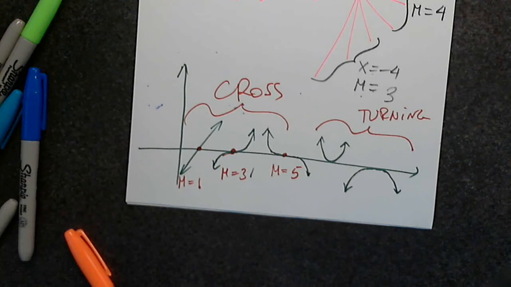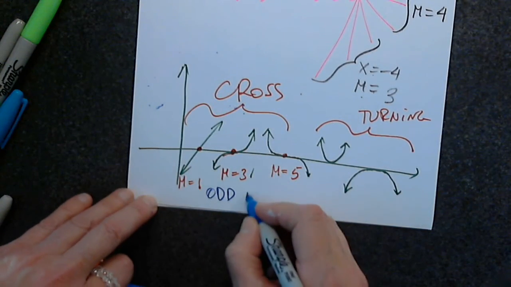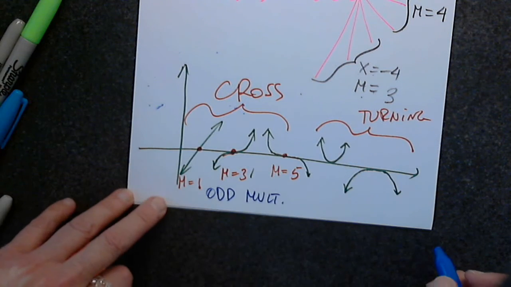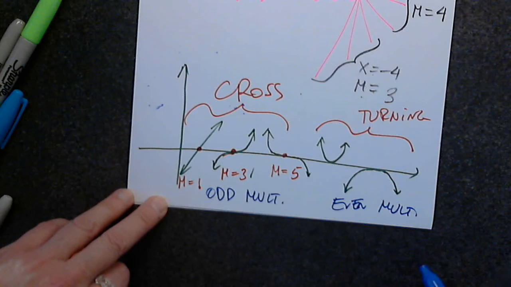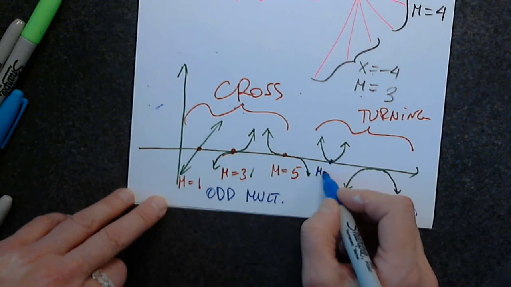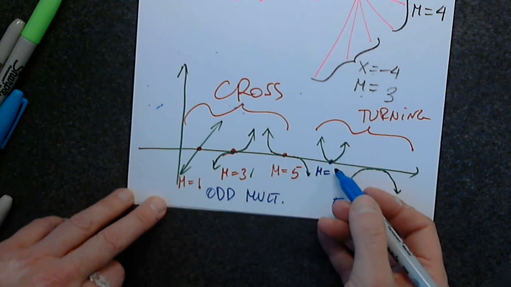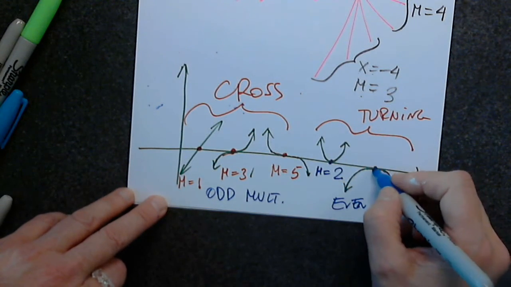These two are turning. So again, this is odd multiplicity. This will be even multiplicity. And we know this one. What is the multiplicity of this solution? We graphed it many times. 2. What is the multiplicity of this solution?